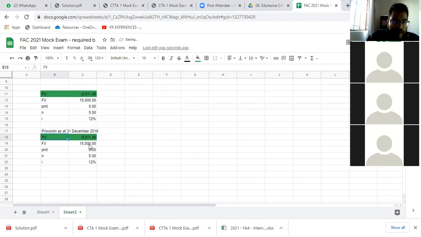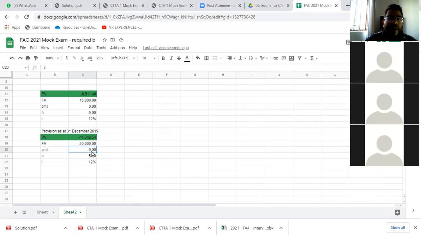Okay. So now the fair value is no longer 10 and 5 million. It is 13 and 7, which is now 20 million. So it is 13 million plus 7 million, and I'm dividing by 1,000 because we're working in rand thousands. So now it is 20 million. Payment is still 0. This thing started 1 January 2018, and we're going to pay it in 5 years' time.